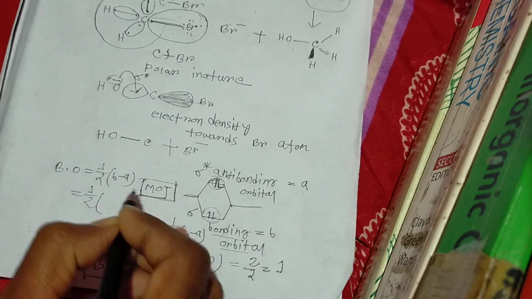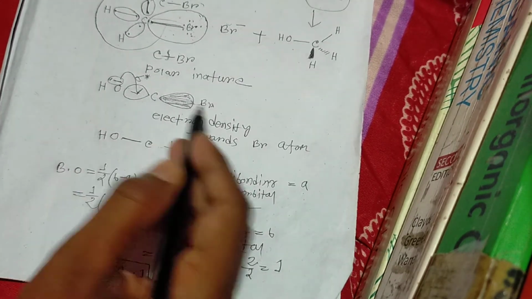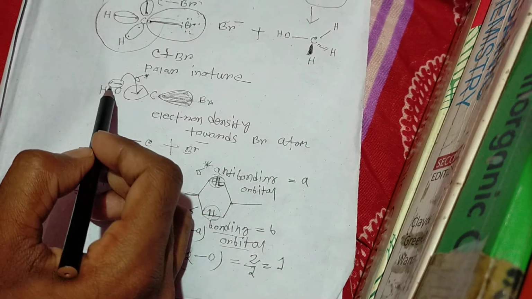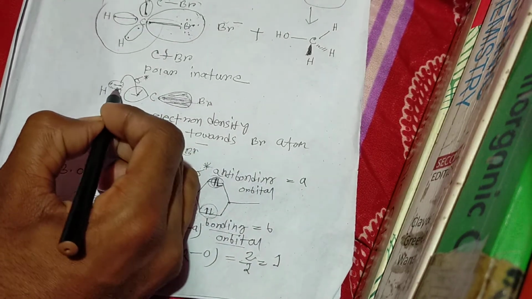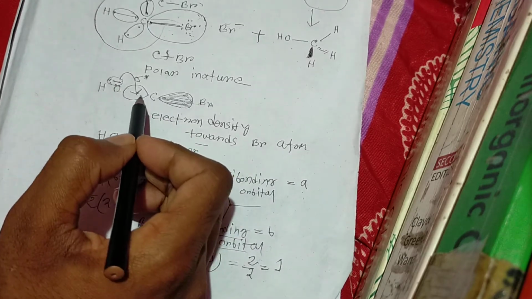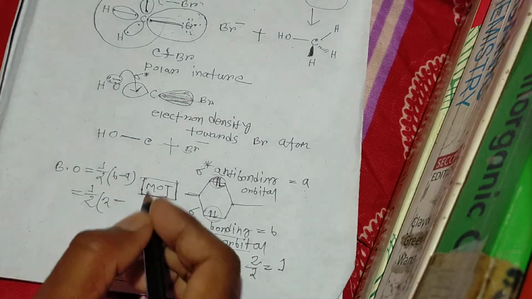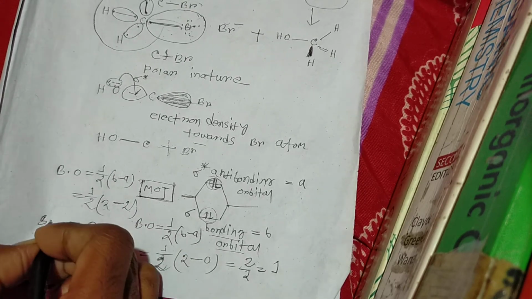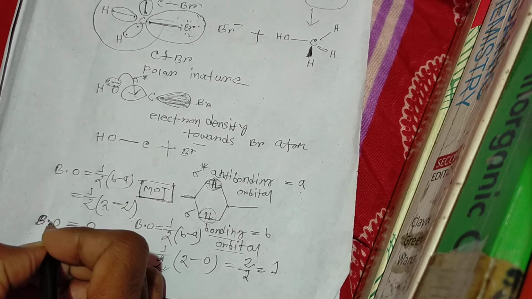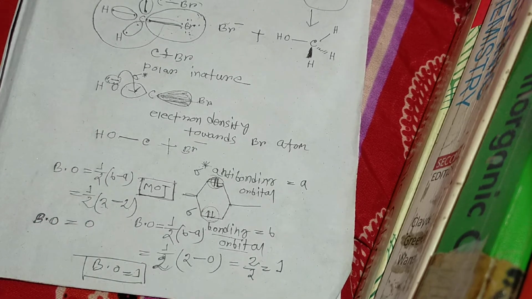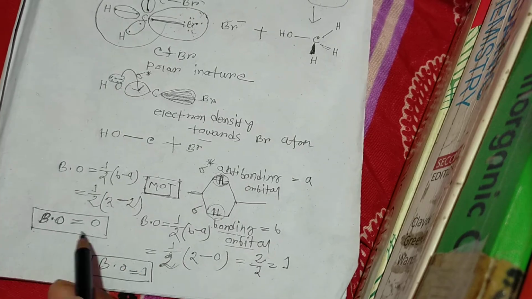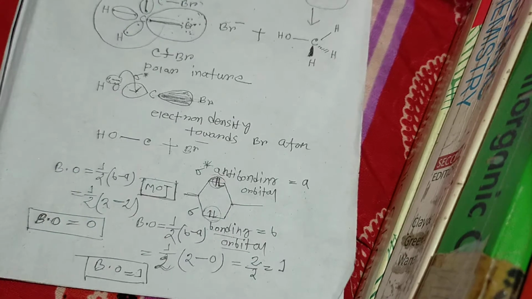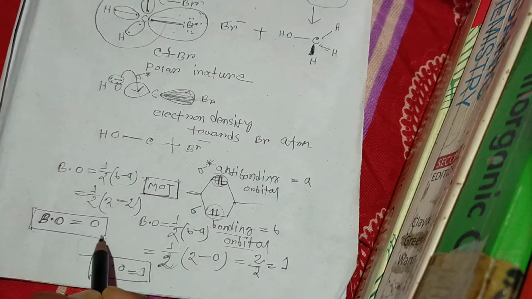Now when OH gives two electrons to the anti-bonding orbital of the carbon atom, then here 2 minus 2 means 0, bond order is 0, which means this bond should break, and the new bond formation occurs.